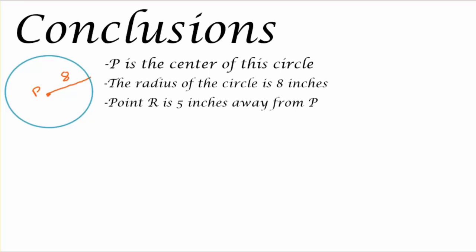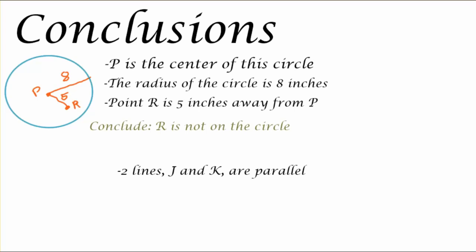Now I get another item where point R is 5 inches away from P. So point R is somewhere here, and it's got a length of 5 inches away from P. Because the radius is 8 and point R is only 5 away, we can conclude that R is not on the circle. Any point on the circle will be 8 inches away and not 5 inches, the length that R is away from the center of our circle P.